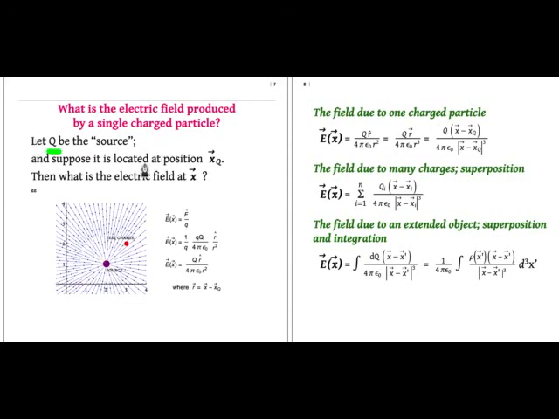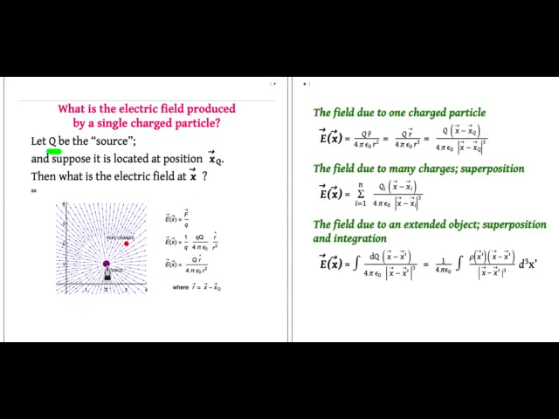And it has to have some position in space, so let's call its position x sub q. Position vector x sub q is the position of q. That has to be a three-dimensional vector. And now what we want to answer is, what is the electric field at some other arbitrary point x?